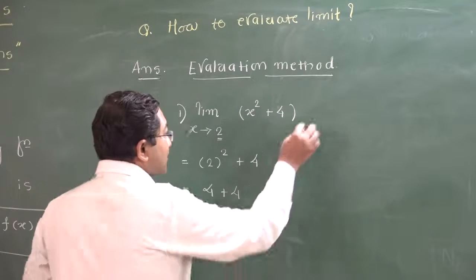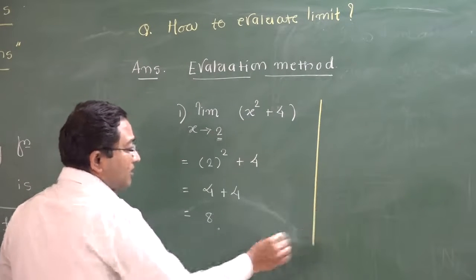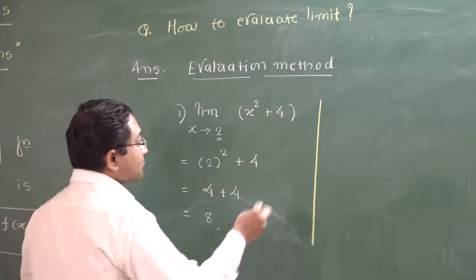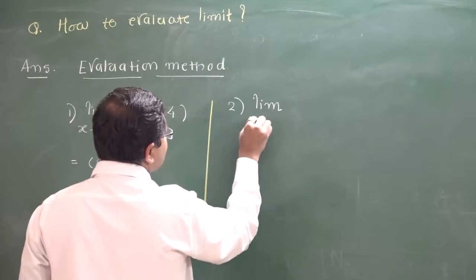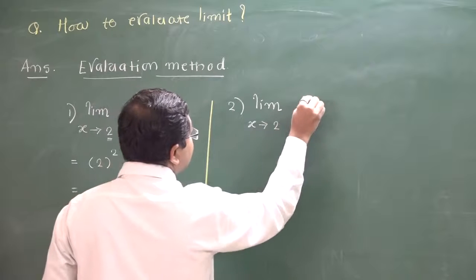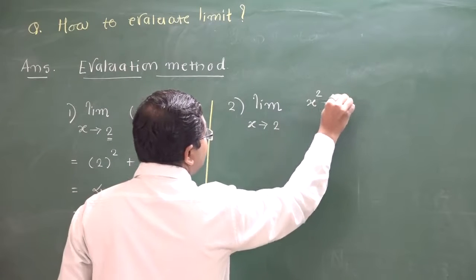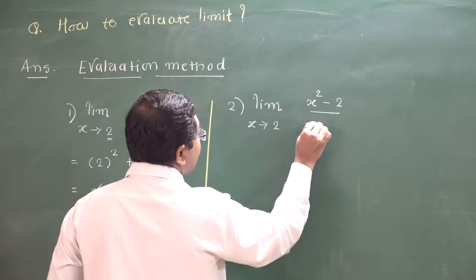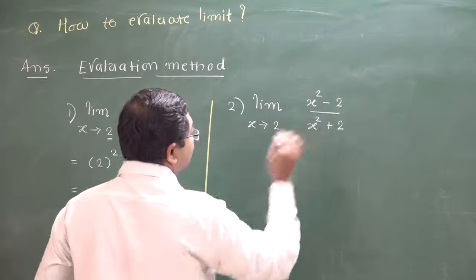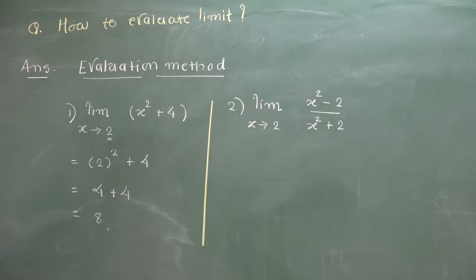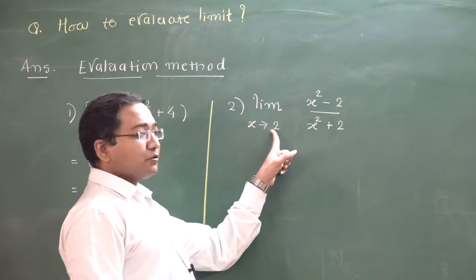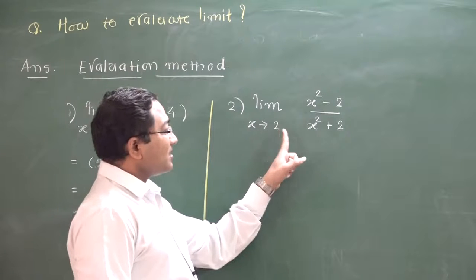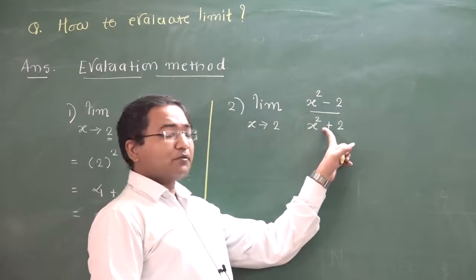Suppose the function has a denominator, like limit x tends to 2 of x square minus 2 upon x square plus 2. What is the evaluation method? The method says to substitute x equal to 2 directly, but only if the denominator is not equal to 0.